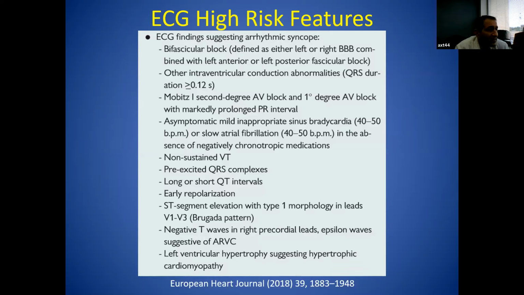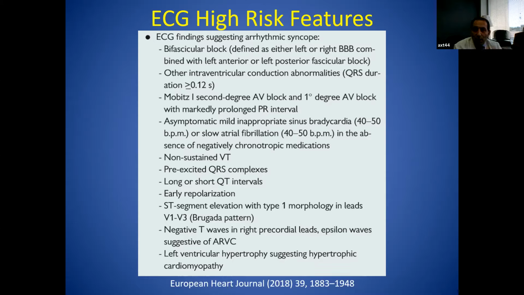So you may see right bundle branch block and you ignore it many times because the patient is asymptomatic, but for the patient who presents with syncope, even a right bundle branch block can be significant because that may be just an early sign of some infrahisian conduction abnormality that can lead to abrupt high-grade AV block and syncope. You should look at the QRS, okay?